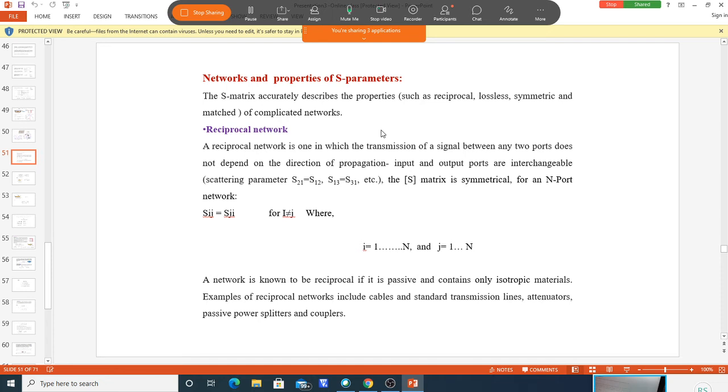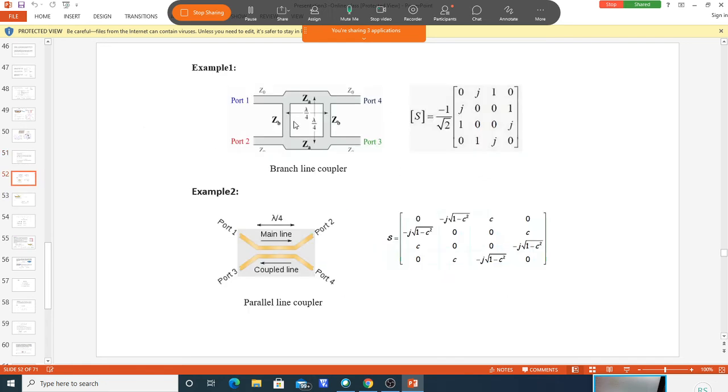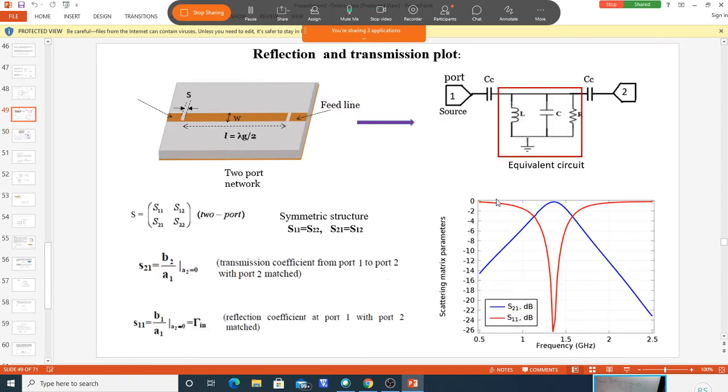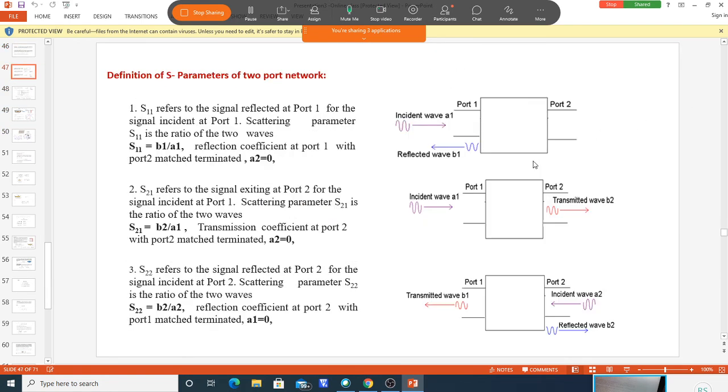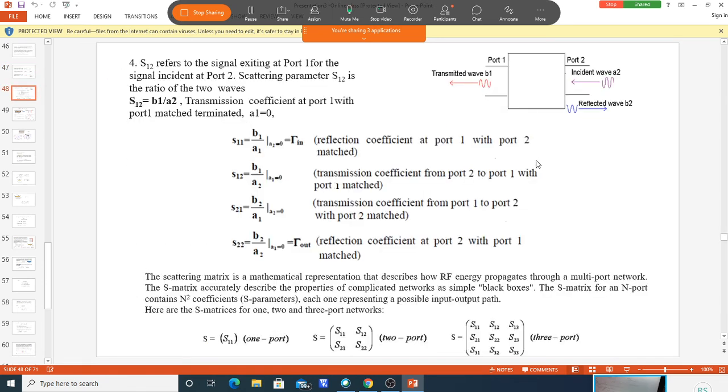So for given S parameters, a network is represented by an S matrix. As I said, see here, some network is there. This network is represented by some parameters like this.